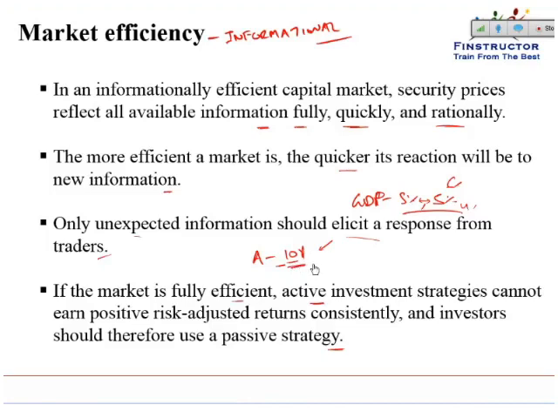New information will move this, but you don't know the new information, and by the time you analyze it, the stock would have already moved. Hence, active investment strategies cannot earn a positive return consistently. Investors should basically replicate the benchmark or just replicate common indices rather than wasting time and money on active management.